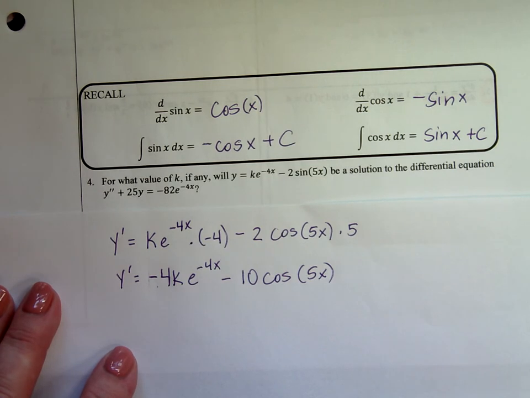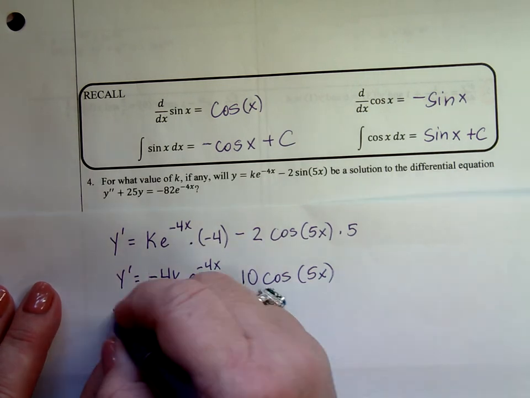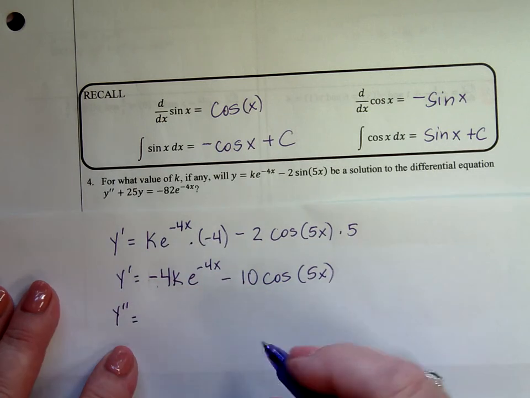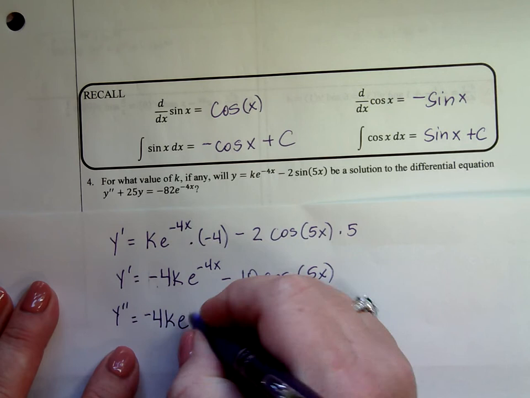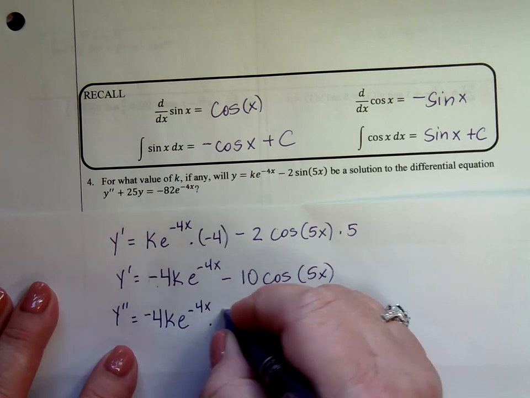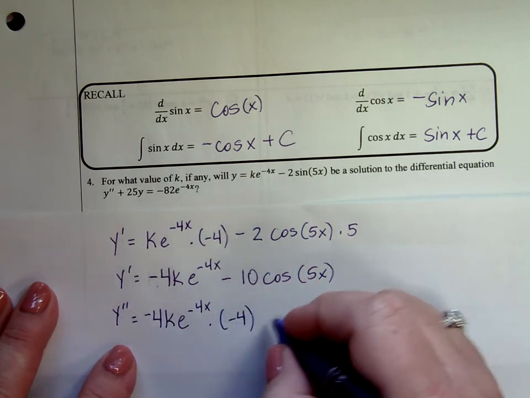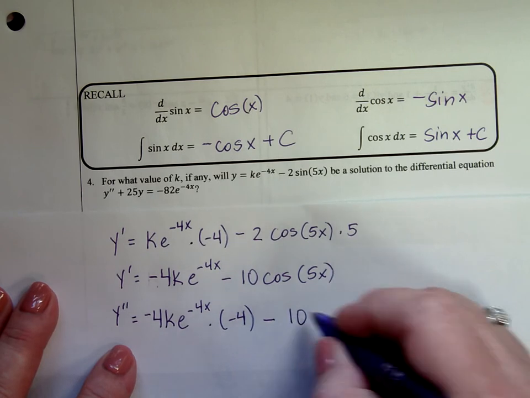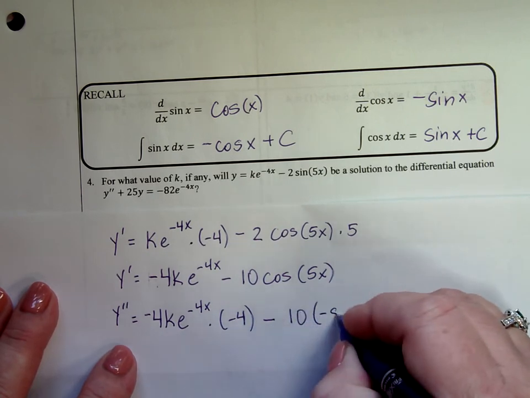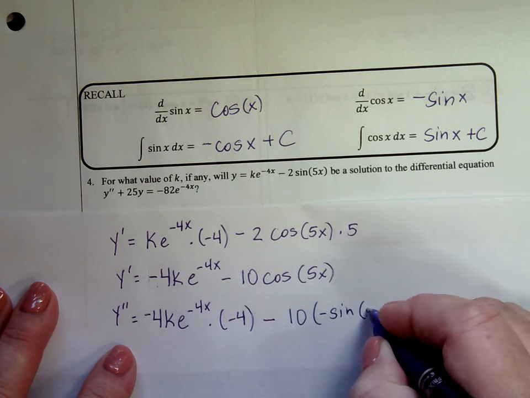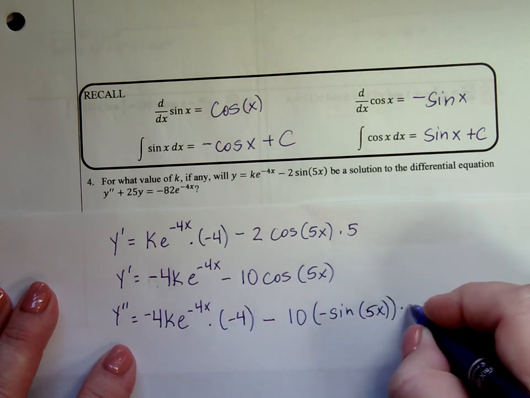So now I'm going for my double prime. What's the second derivative? Well, negative 4k is a constant. E to the negative 4x times a negative 4, minus 10. The derivative of cosine is negative sine of 5x times the derivative of the angle, which is 5.